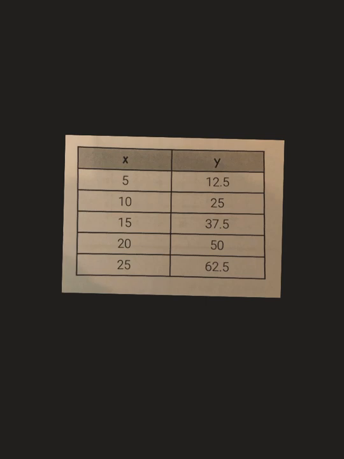So I would divide 12.5 divided by 5, or 12 and 5/10 divided by 5. And if you want to do that on the calculator, go for it. That's fine with me. And then I would say, oh, that's 2 and 5/10. So I'm multiplying by 2 and 5/10 here. Hey, same thing here. So then I could say, I know what my equation is. My equation is y equals 2 and 5/10 x.